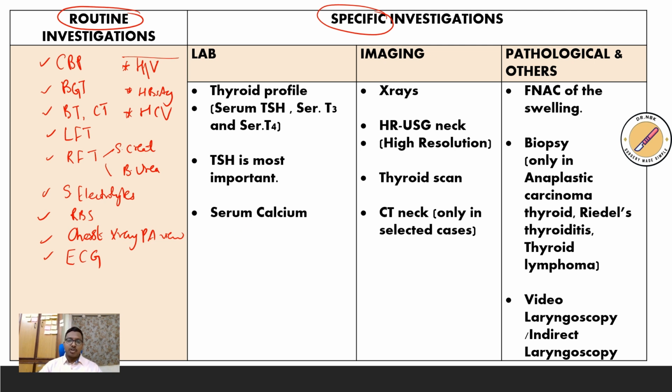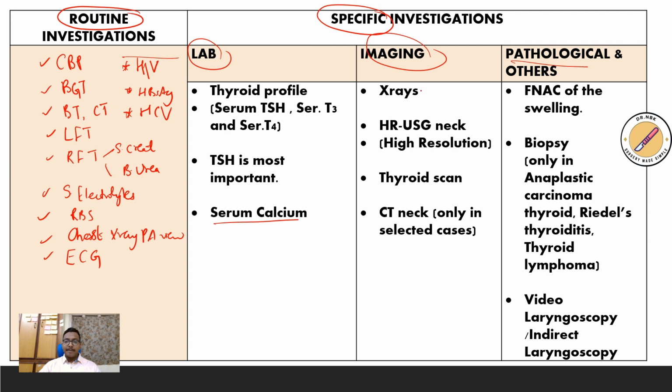Again, in specific investigations, I told you it is lab, imaging, and pathological. First is whatever blood investigations are related to the particular case. In thyroid swelling, you will go for thyroid profile, which includes TSH, T3, T4. Another one, if both lobes are involved and you are thinking of malignancy, you can go for serum calcium. Then imaging, nothing but your radiology department.